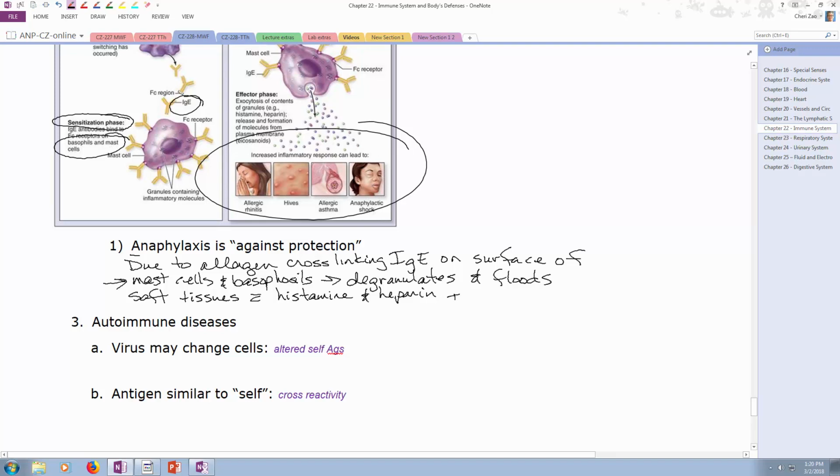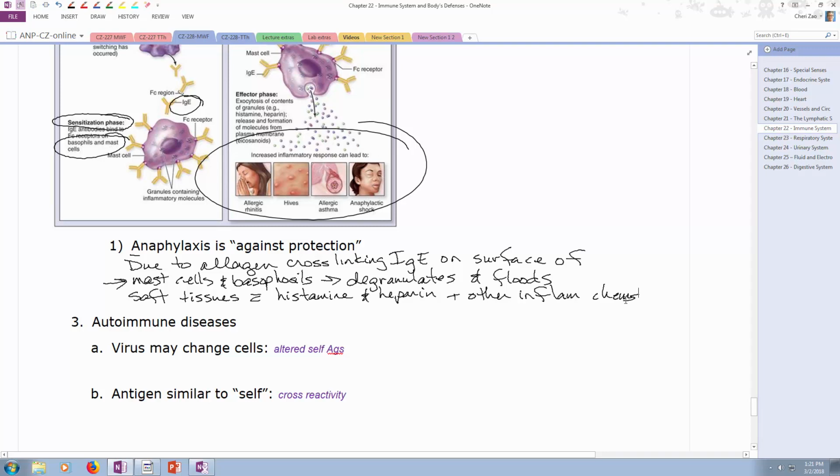This can give you hives, anything that will give you redness and swelling, swelling of the airways, blocking them off, asthma, swelling of soft tissue beyond just hives, where your eyes, nose, throat, mouth, and lips all swell up and close off even your airways.